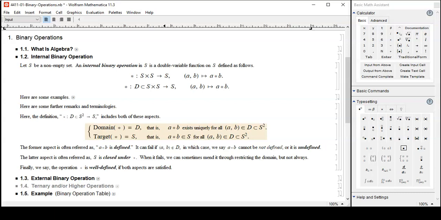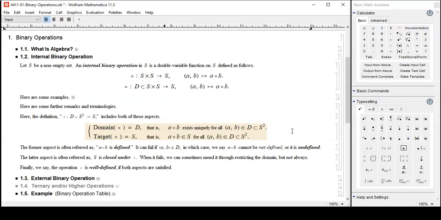So, what is the feature of a function? Do you remember? A function is a relation where one element of the domain must be assigned to one and only one from the target, right? That's the function. That means one element (a, b) from the domain is assigned one and only one function value a star b.